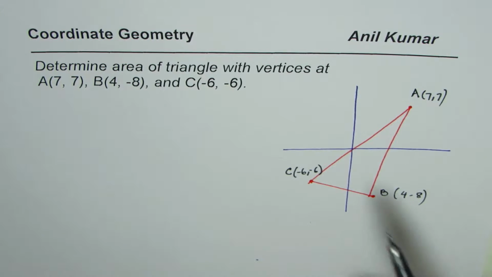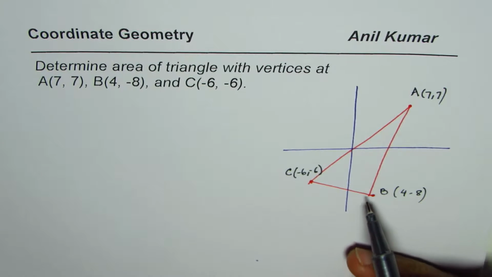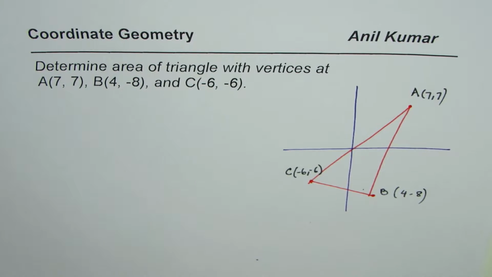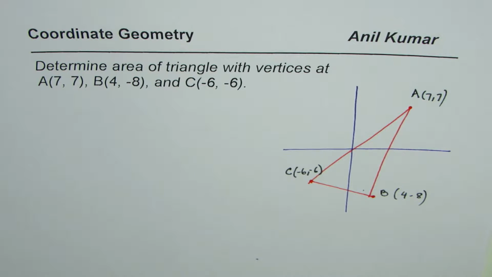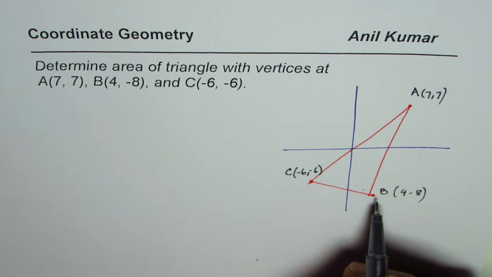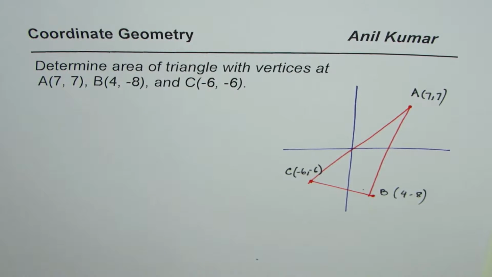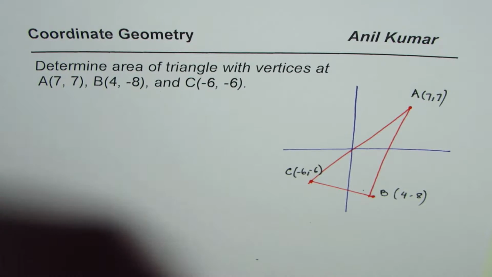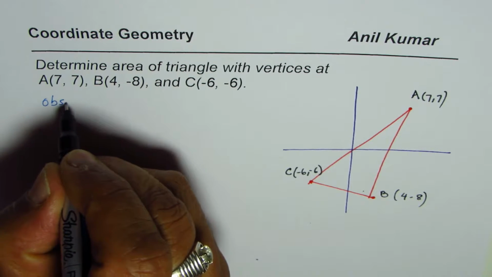If you look at this diagram, it seems as if this could be a right triangle. If we find that the triangle is a right triangle, then it is easier to find the area, and therefore it is worth checking. So what we learn here is to observe.